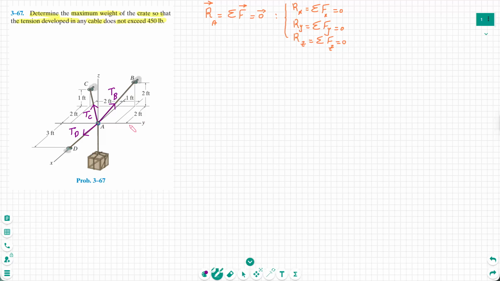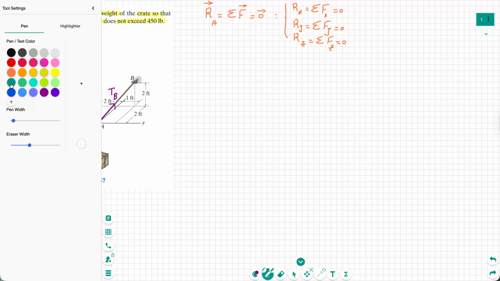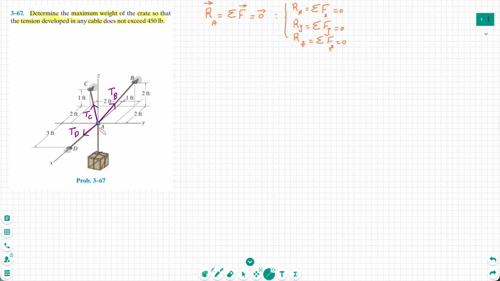And also we have another force that I use a different color to show, and this force is the weight of this crate. So I can just simply write this as W.